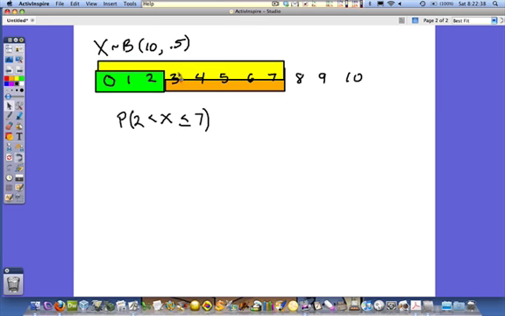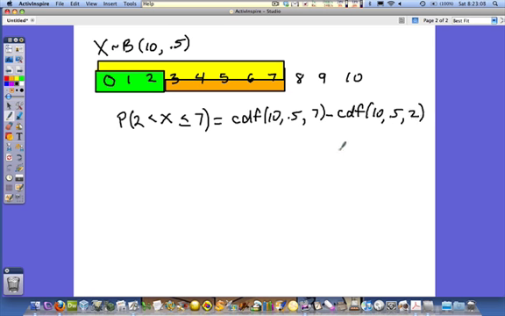Okay, so this is how it's going to look. We're going to find the CDF of the yellow first, and then we're going to subtract the CDF of the green. And so the function we'll see will look like this. CDF of 10.5 and 7 minus the CDF of 10.5 and 2.